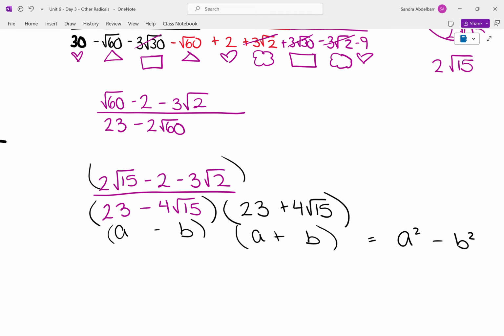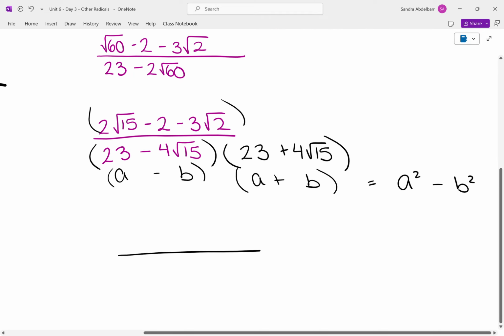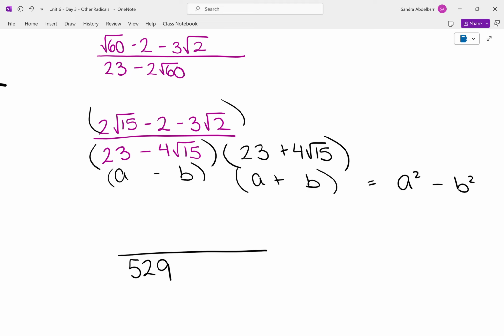So then this is going to give us 23 times 23, which is 529. And then 4 times 4 is 16. Root 15 times root 15 is 15.